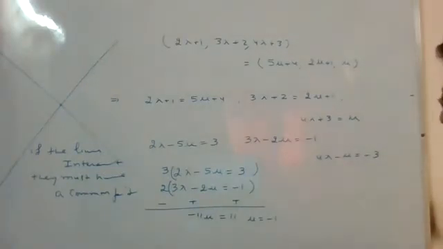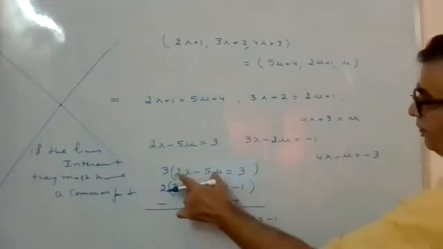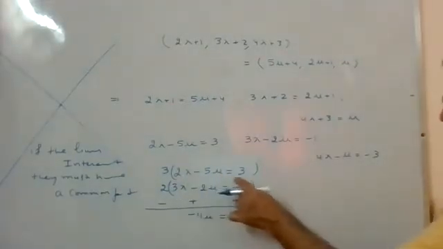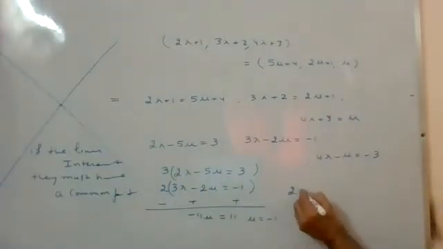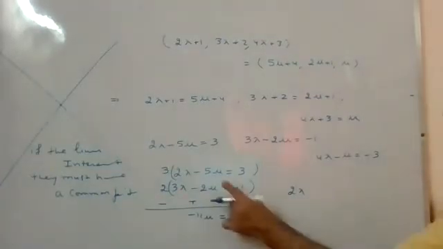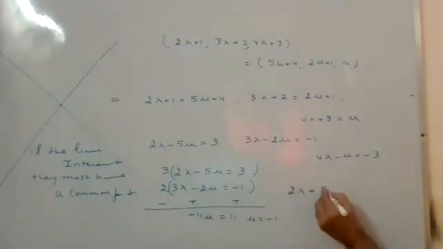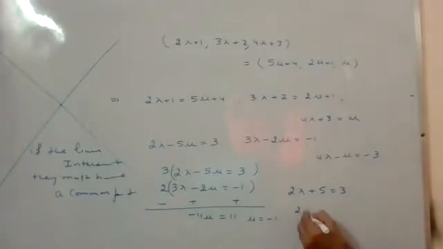Okay or not? After getting mu, we find out lambda also. So we'll take the first equation and find out. 2 lambda, your mu is minus 1, so this becomes plus 5, equals 3. 2 lambda is coming minus 2. Lambda is also coming minus 1.